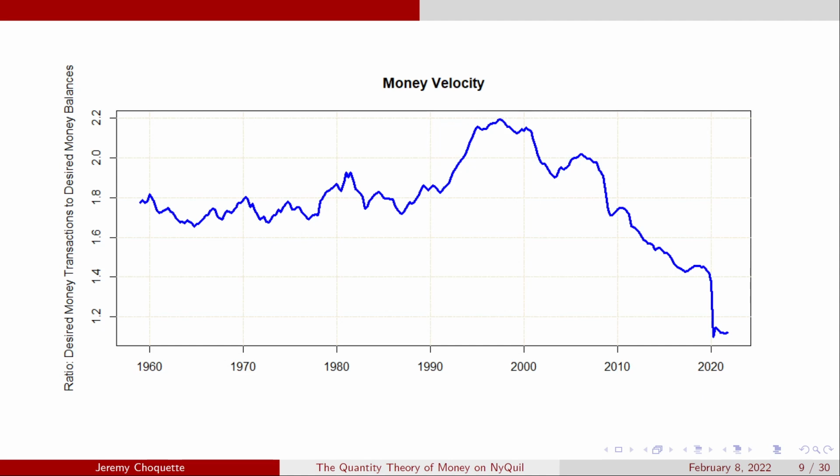Let's look at another instance here, right? The financial crisis of 2007, 2008. Well, we can see around 2007, 2008, the money velocity begins to drop pretty dramatically, right? Not as dramatically as it did in 2020, but it still dropped quite a bit. Now, eventually it kind of picked back up, and you can see it sort of fell again all through the 2010s, but there's a pretty dramatic reduction in the money velocity between 2007-ish and about 2009.